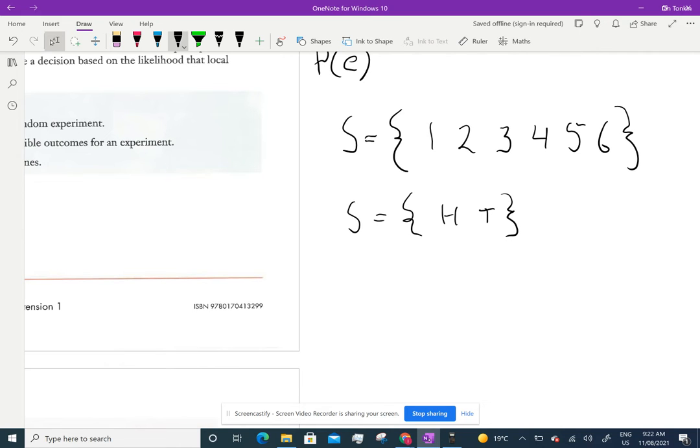So, for example, for tossing 2 coins, the sample space is 2 heads, a head and a tail, and I'm going to count that as one thing. It doesn't matter the order. I'm not concerned about the order. Or 2 tails.